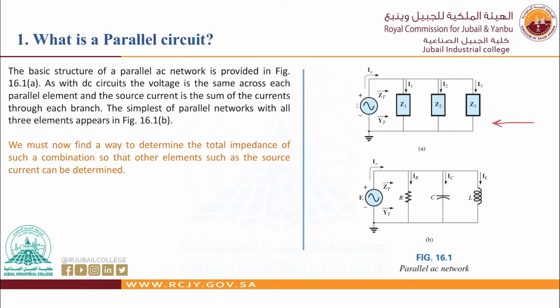If we have a resistor, the angle of the resistor is 0, the angle of the capacitor is minus 90, and the angle of the inductor is 90 degrees. Okay, so we must now find a way to determine the total impedance of such a combination so that the other elements such as the source current can be determined.